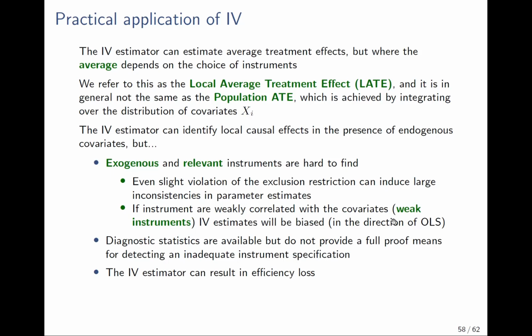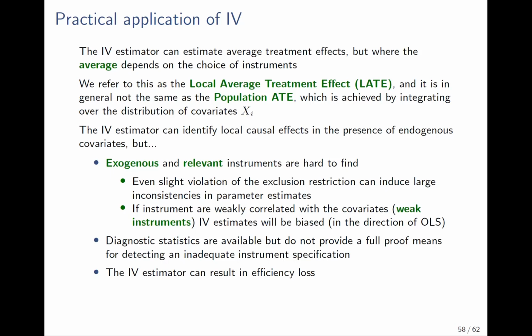Secondly, if instruments are only weakly correlated with the covariates, so if they're not highly relevant, the second condition, then IV estimates will be biased in the direction of OLS. And what makes these caveats on IV important to take on board is that diagnostic statistics on instruments are available, but they do not provide a foolproof means of detecting whether instruments are valid or not.